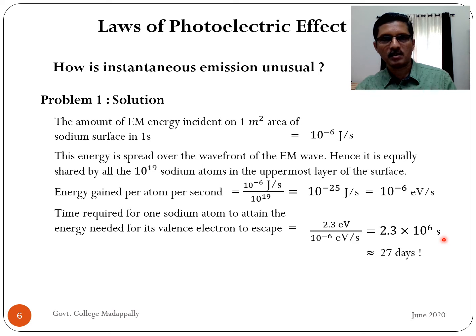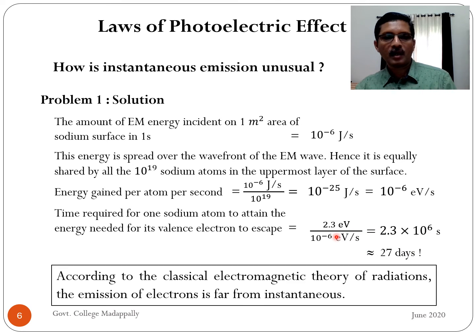How much is this? You can convert this into hours, and then into days. What you get is nearly 27 days. That means, according to classical electromagnetic theory of radiation, the emission of electrons is far from instantaneous.